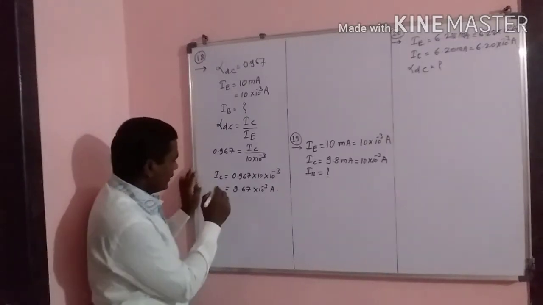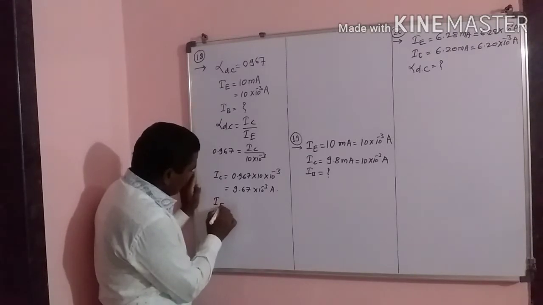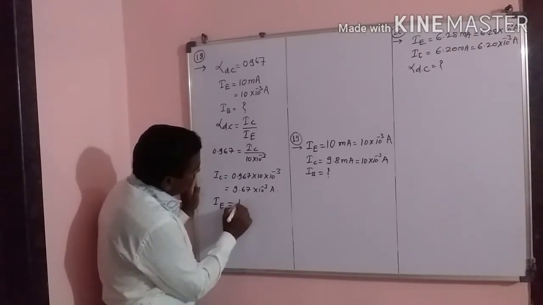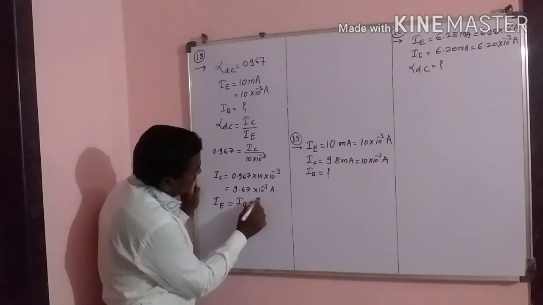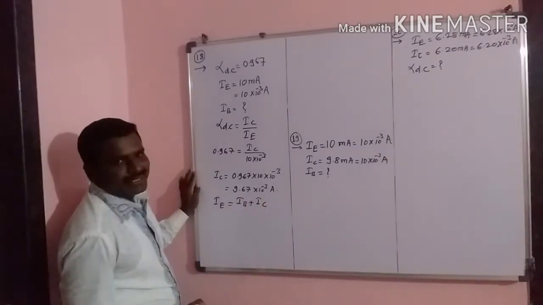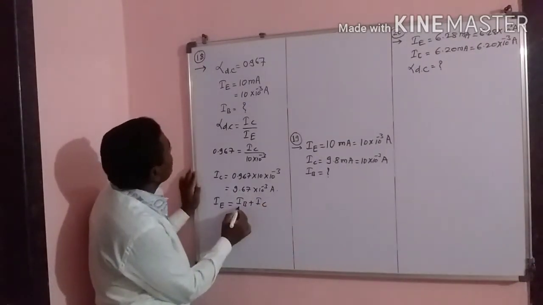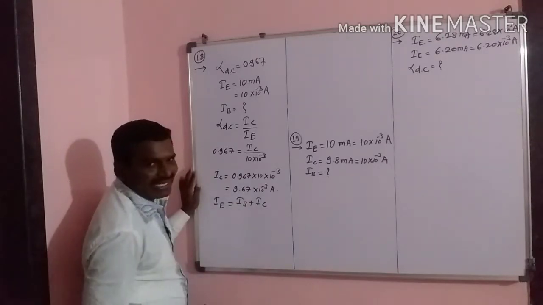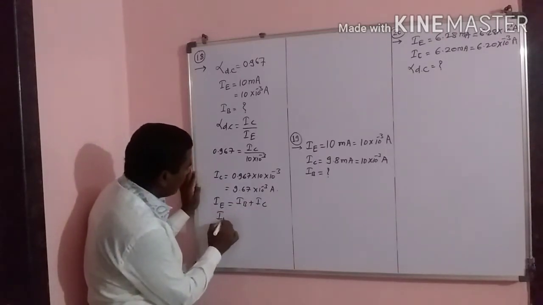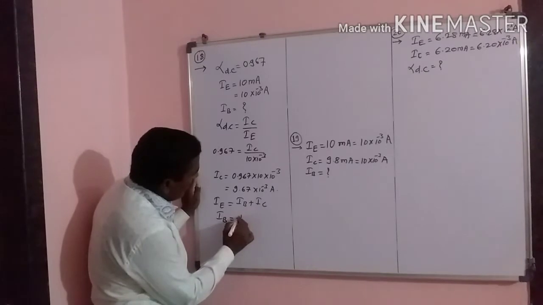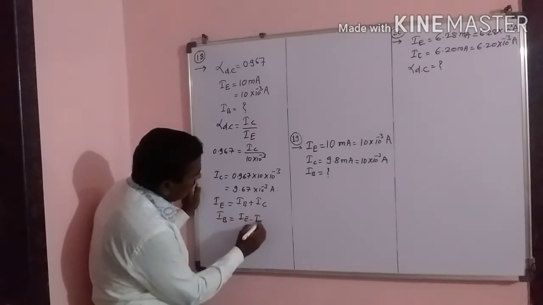We know that the emitter current is the addition of the base current and the collector current, and from this we should find IB, that is the base current. IB is equal to IE minus IC.